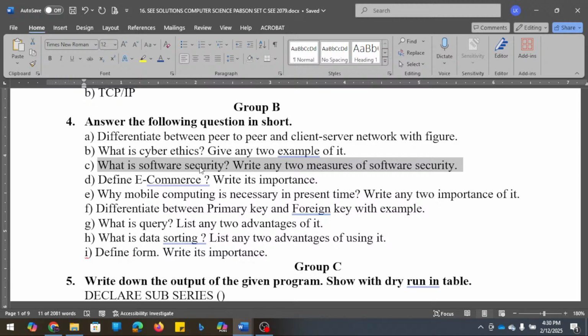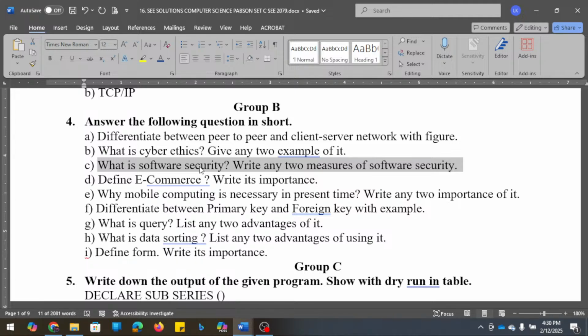We can search thousands of varieties easily in the same portal, in the same place, and we can pay online. So that is the importance.